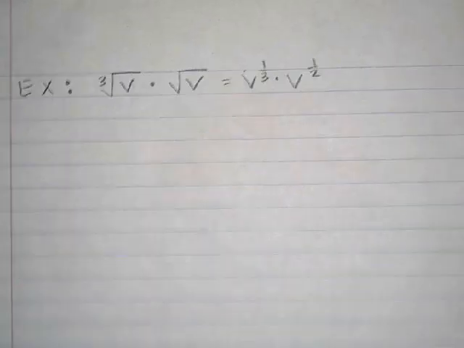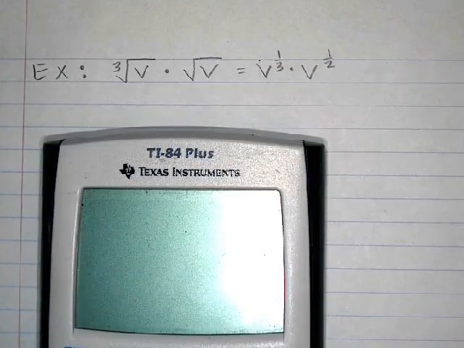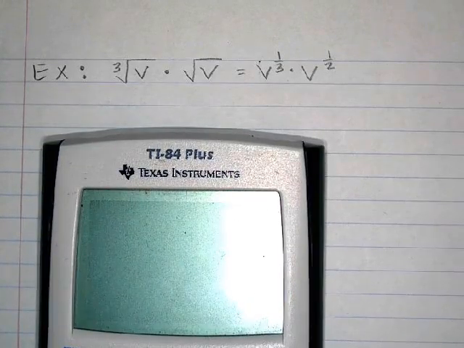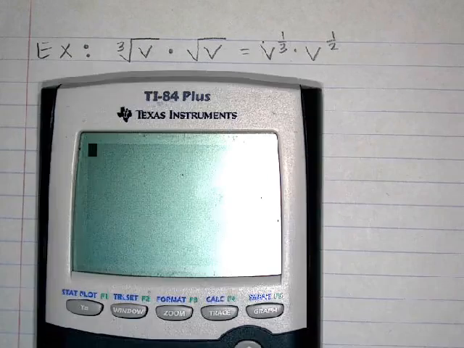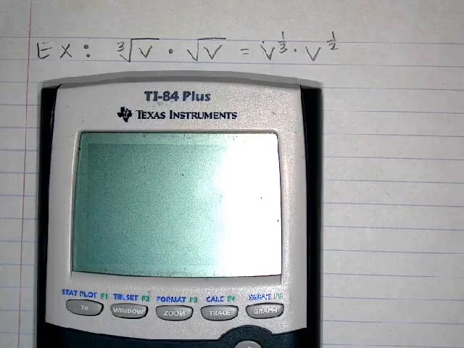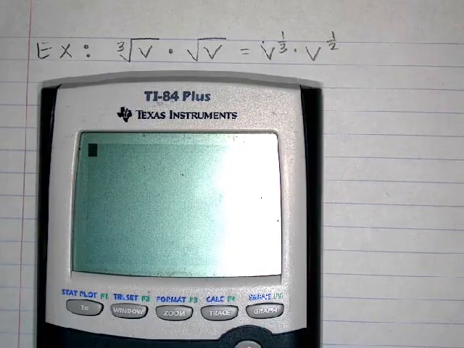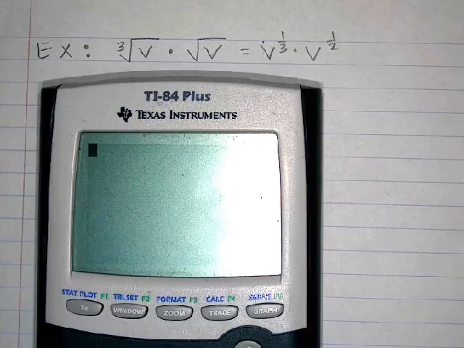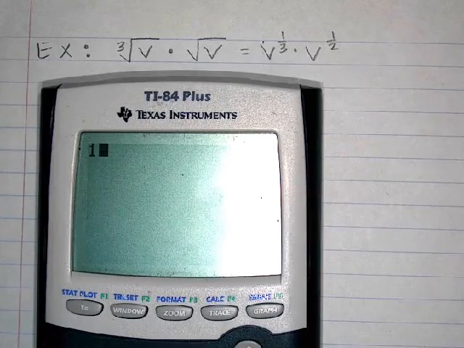How do you guys want to type it? Do you want to type it as a fraction, or use the division key? Division key. So I'm going to do 1 divided by 3 plus 1 divided by 2. And then how do I get my calculator to give me a fraction answer?